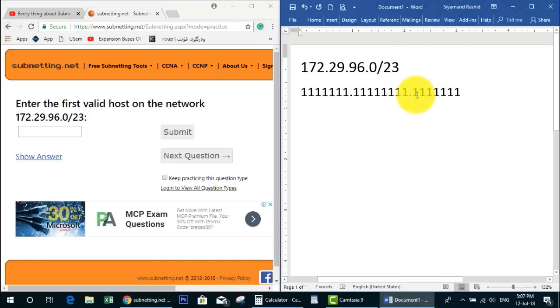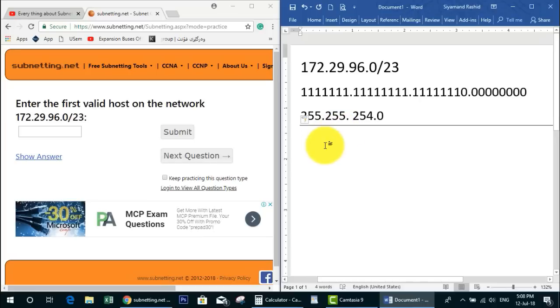So how many ones? Now we change it to a subnet mask. This is 254, 255 minus 1 because the last octet has 7 ones, so it should be 255.254.0.